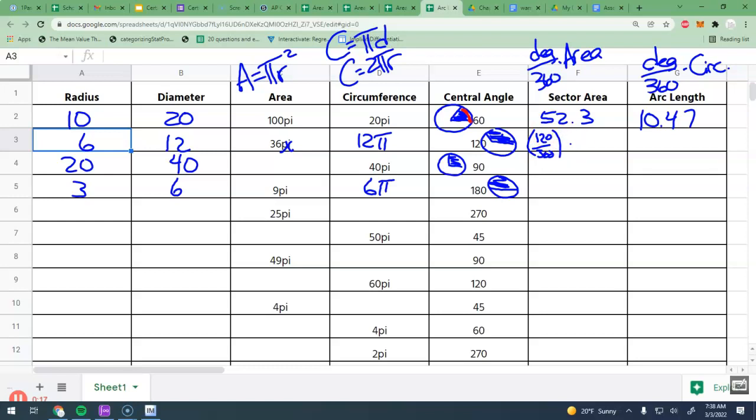The area was 36 pi. Then figure out whatever decimal that gives you. So we get like 37.7 there, and you're welcome to just put 37.7. Again, I'm just putting up the formula so you can see what I'm doing.